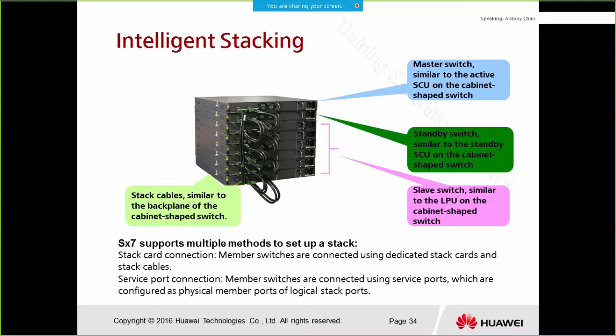Use this switch as the active main control board, and the other switch as the backup main control board. All the other switches are like LPUs, the line processing units on the chassis switch. So the bandwidth and performance of this stacking system becomes several times that of a single one.